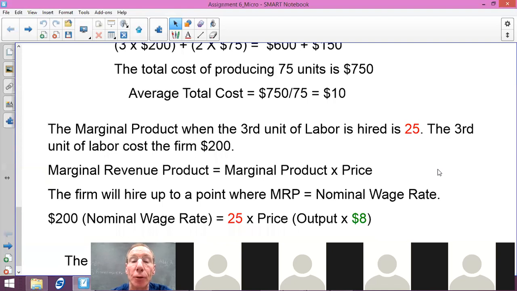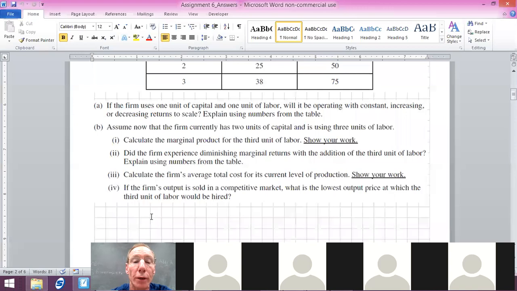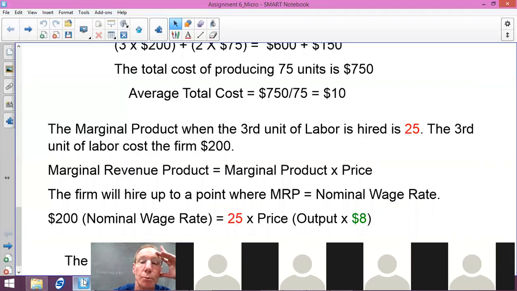Well, let's jump back over here. What is the lowest price, okay? The lowest price would be the highest price, actually. Well, I'll just say lowest. The reason I'm saying the lowest price is because, well, let me just show you.